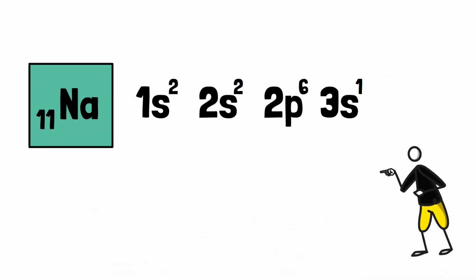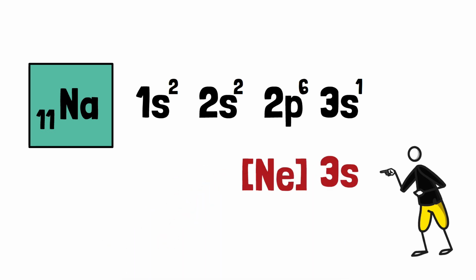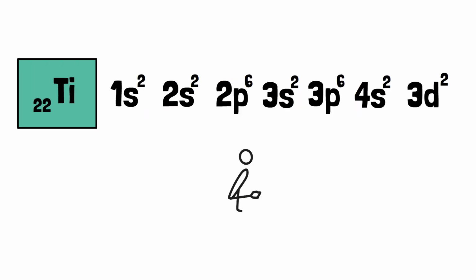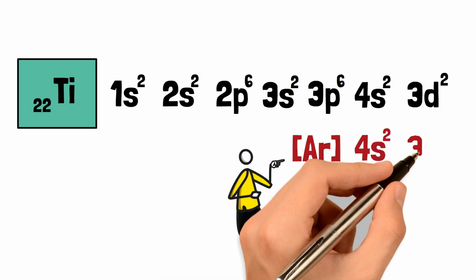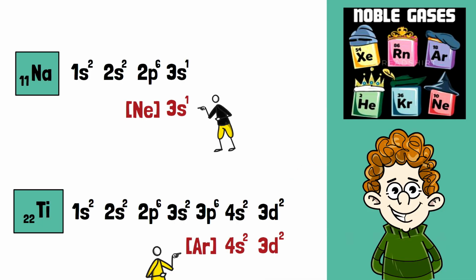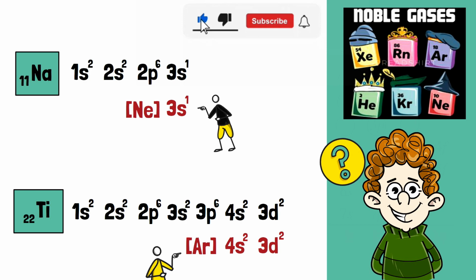So, the electron configuration of sodium becomes like this, while the electron configuration of titanium will be like this. How is that? Let's learn together.